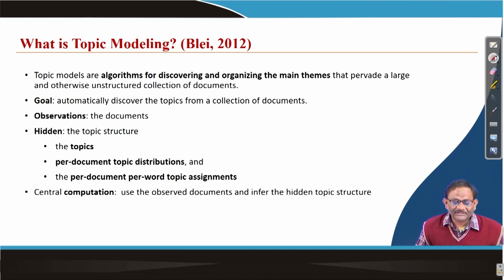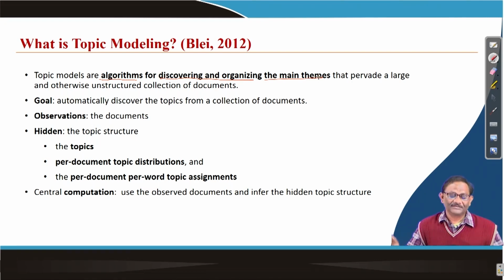In order to understand topic modeling, we have to understand several concepts and the purpose. First of all, topic models are algorithms. The algorithms are used for discovering and organizing the main themes that pervade a large and otherwise unstructured collection of documents.